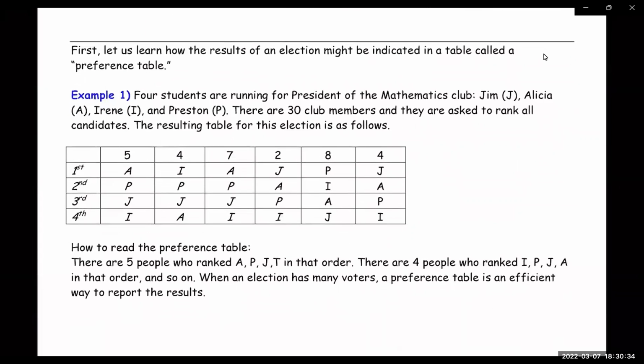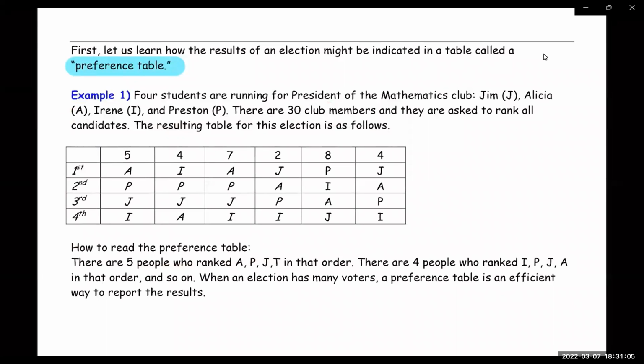So first thing, they're going to create a preference table. This is called a preference table. So here's an example. It says 4 students are running for president of the math club: Jim, Alicia, Irene, and Preston. So they just use their letters to abbreviate: J, A, I, P. There are 30 club members that are going to vote, and they are asked to rank all the candidates.